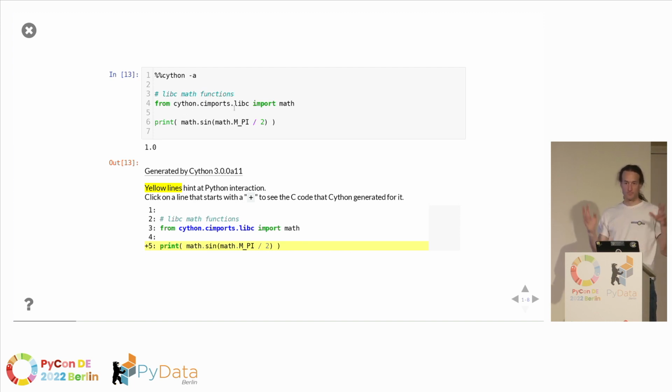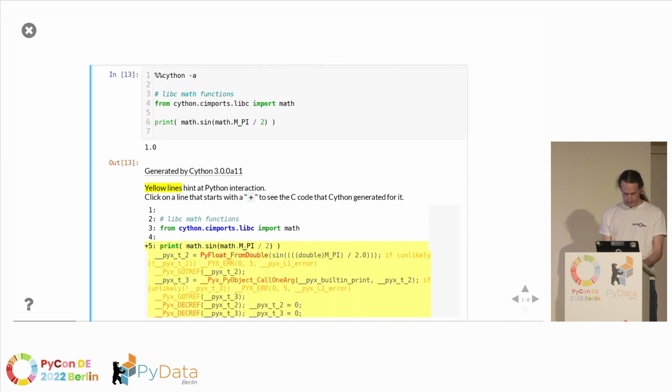So this is a special package, kind of a magical package that allows you to import C declarations, make them available to your module, and then I can use C functions directly here. And this little -a up here gives me an annotated version of this module, so I can see what Cython makes of it. When I click on this line, I can see that sin of pi by 2.0 actually turns up as it should exactly in the C code as a C operation. Right? So this is calling the C sin function there.